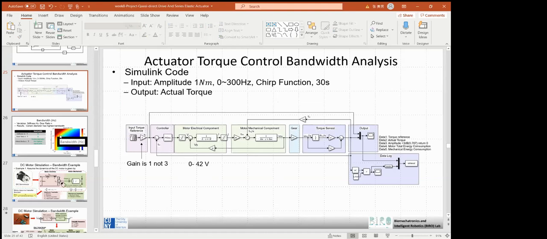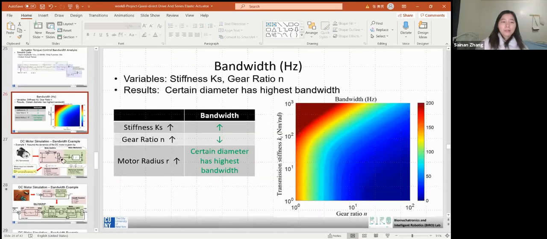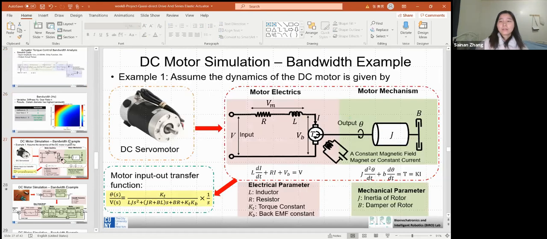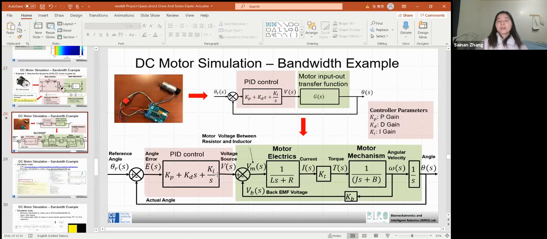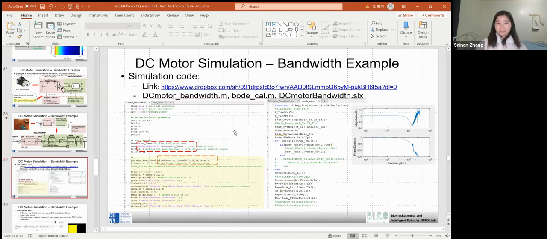You said you were posting the code, or you were just showing us the code? I posted the bandwidth code for this example. For this modeling, I give the simulation code and M file, and for every step, I give the explanation.